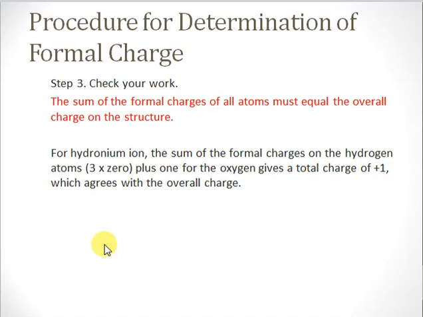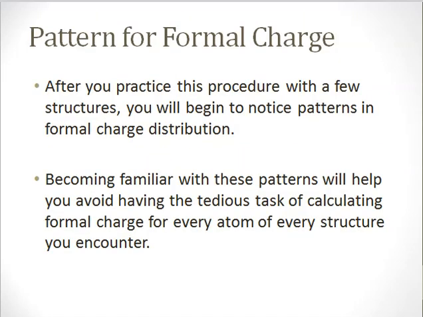The hydrogens had 0 charge, and there were 3 hydrogens, so 3 times 0, plus 1 positive charge on the oxygen, so 0 plus 1 becomes +1. It means our procedure is right. This is how we can calculate the formal charge.